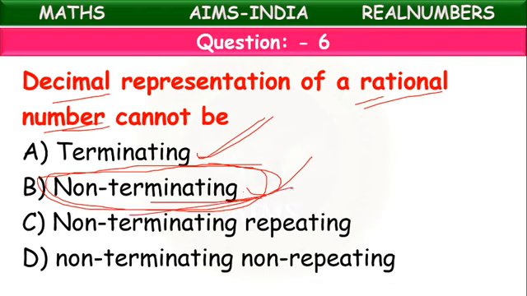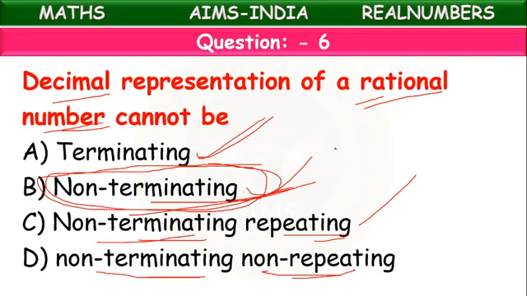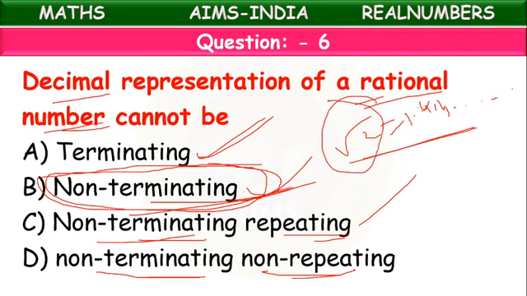So it is not the exact answer. Non-terminating repeating, yes, it's a rational number. Non-terminating non-repeating means root 2, its value 1.414 and so on. These cannot be expressed as rational numbers. So the answer is non-terminating, non-repeating.